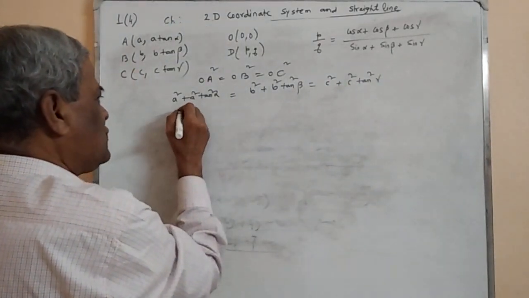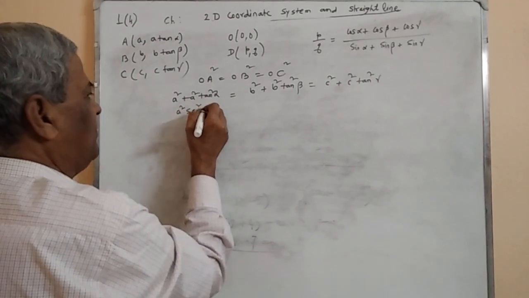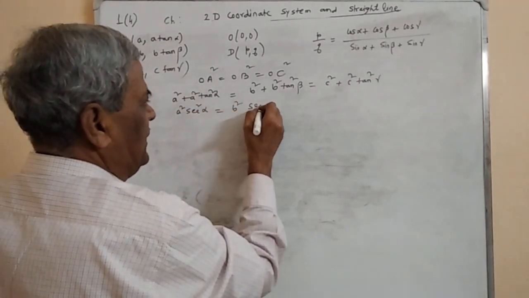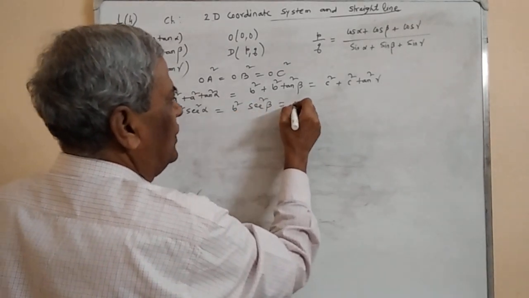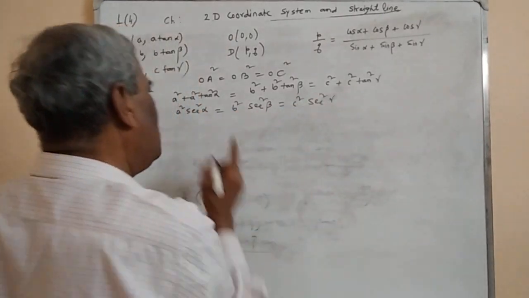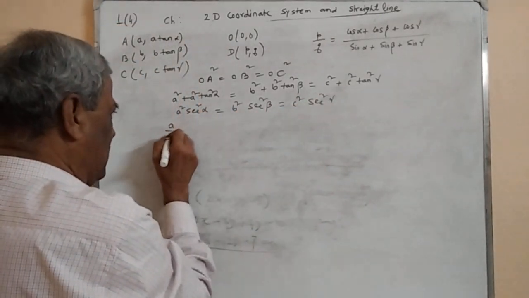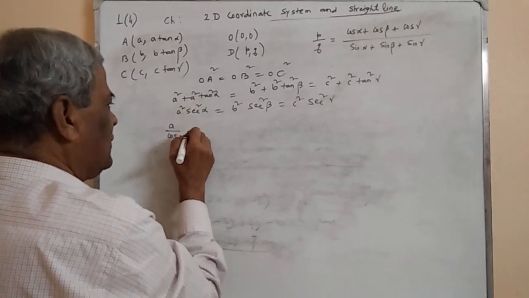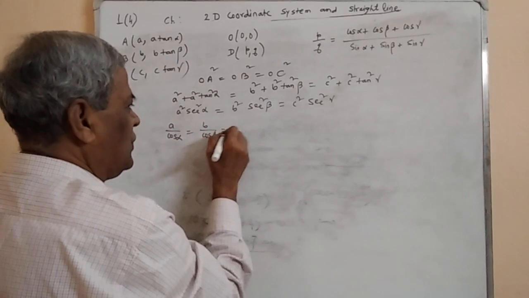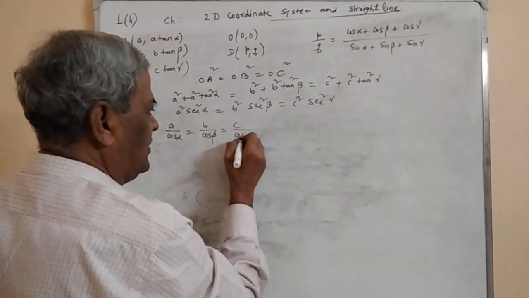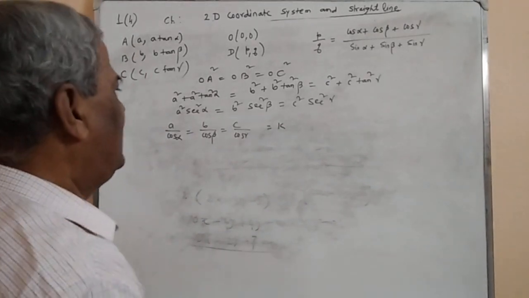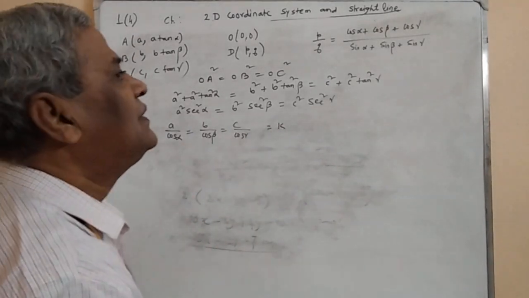From here it is A square sec square alpha, B square sec square beta is equal to C square sec square gamma. That is, we get A by cos alpha is equal to B by cos beta is equal to C by cos gamma. Let it be equal to K. So we get one relation like that.